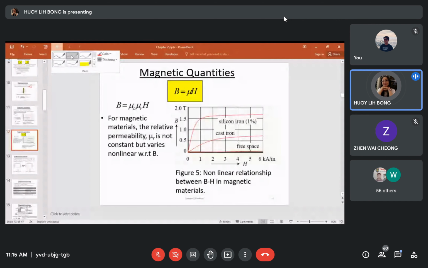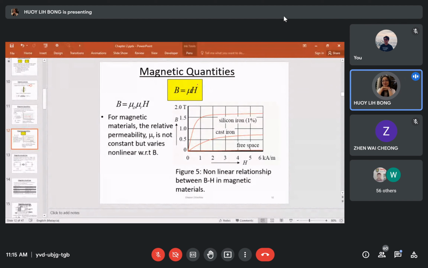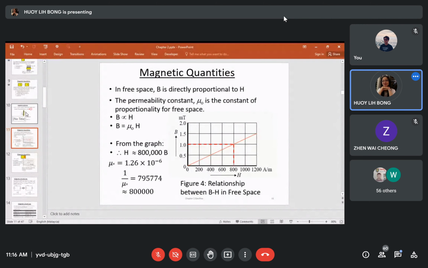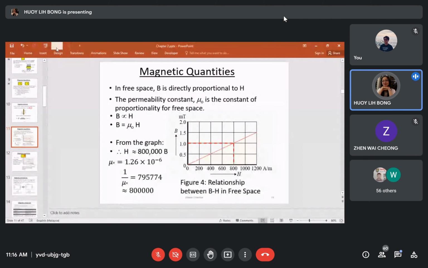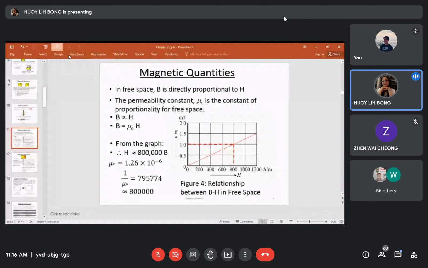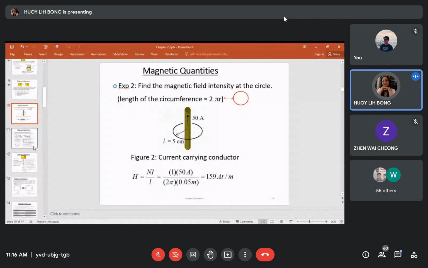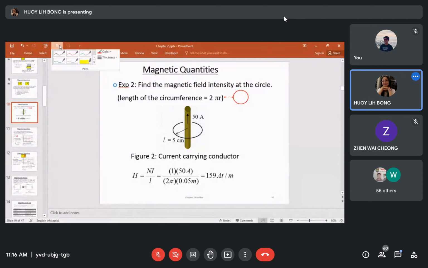Actually, this H intensity, we don't use much in our calculation, because the questions in the book also don't use this much. This one is just to tell you the response of the motor.